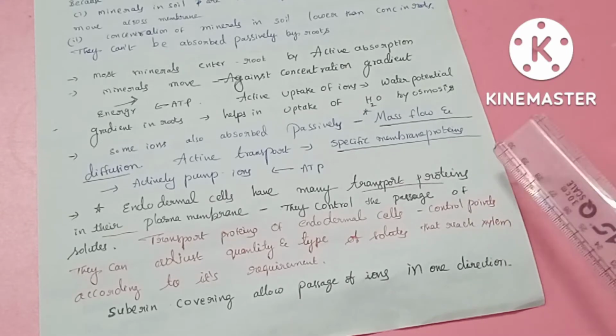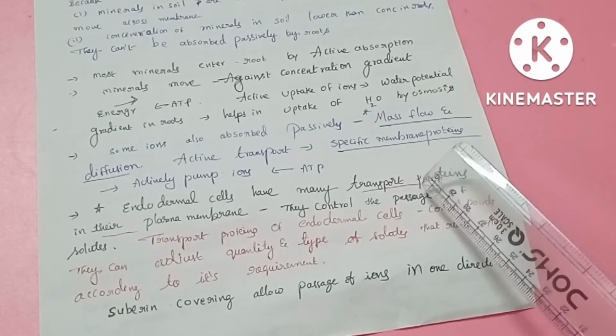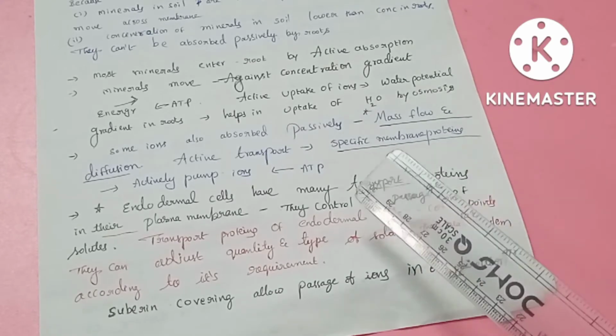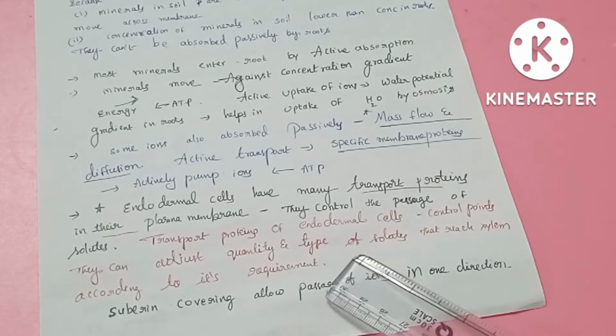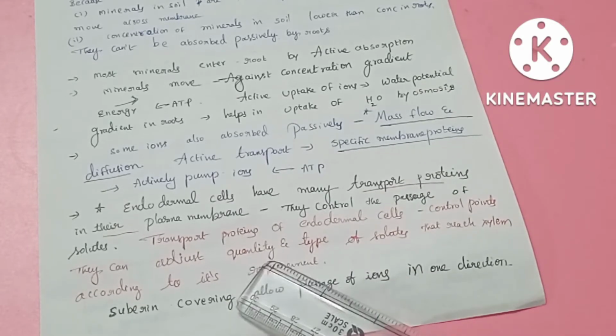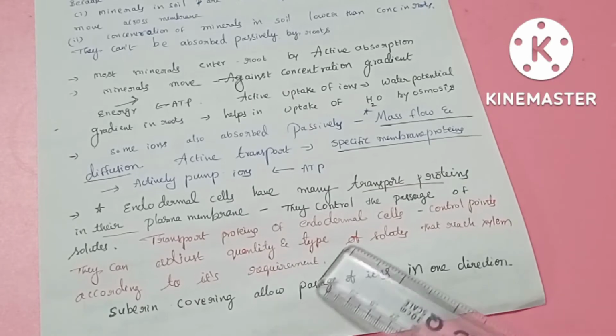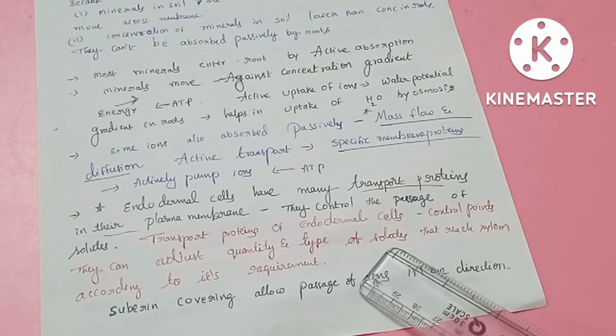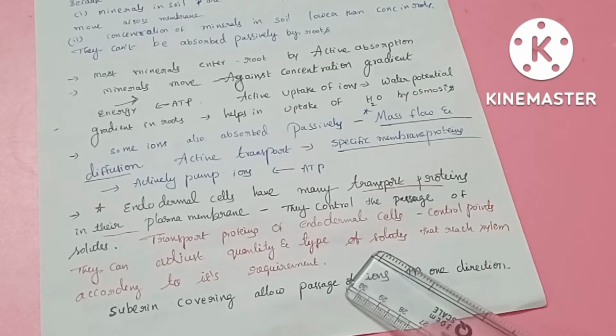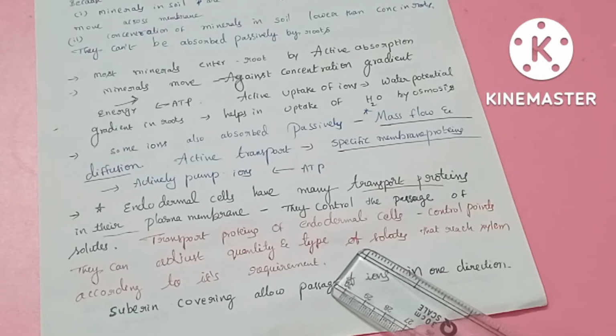That is because, depending upon the requirement of the plant, the quantity and the type of the solutes allowed by these transport proteins of the endodermal cells will be sent to the xylem. Sometimes some nutrients, some minerals may be poisonous to the plants, and some minerals may be required in small quantities.